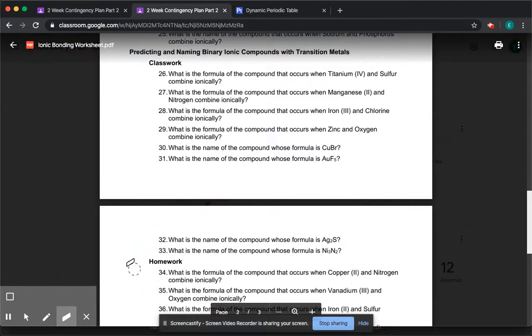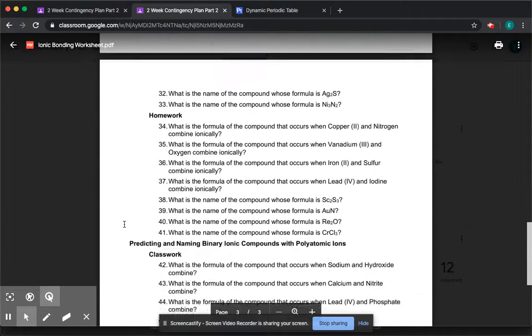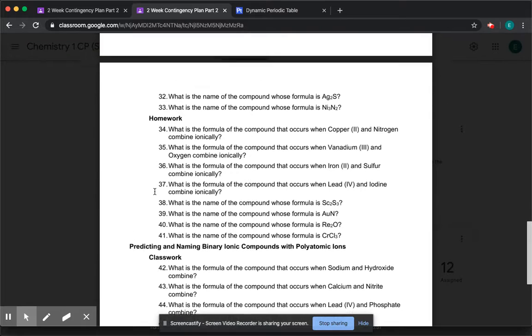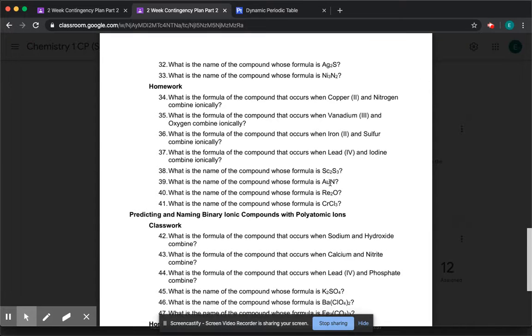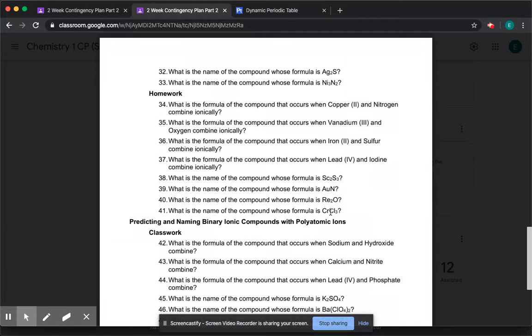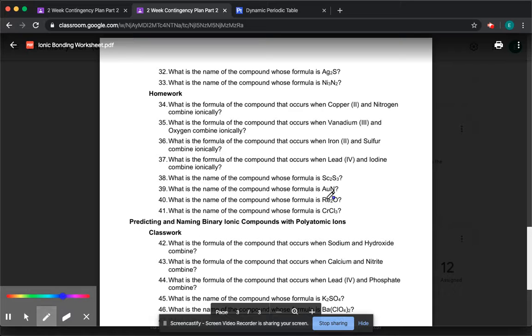Now let's do one more example where we're naming the formula. Let's do one of these down here. AuN. So if we're working with AuN, we have 1 of each. Because we have 1 of each, that makes life easy.